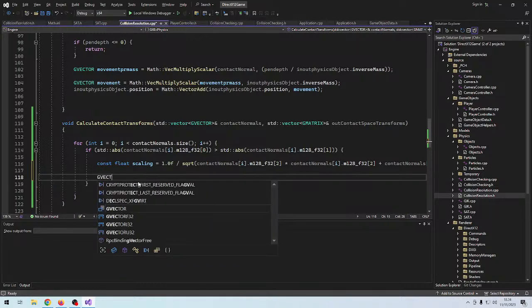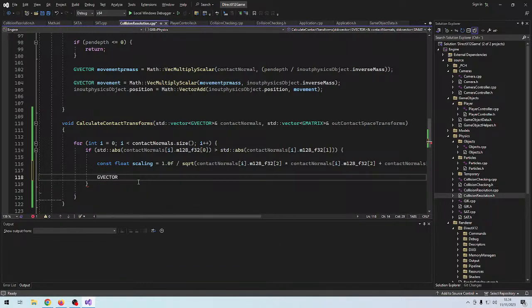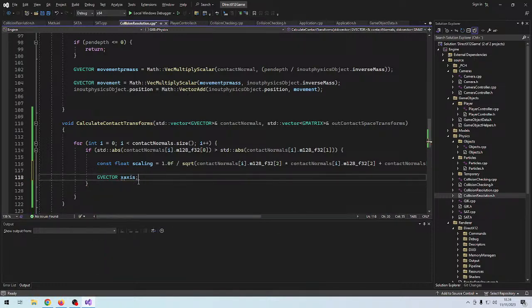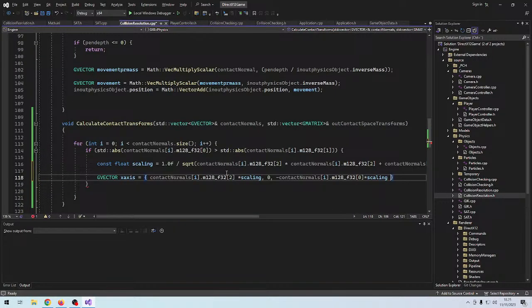We create a vector, x-axis, where we initialize it as the c scaled, zero at the y, and we will put the last component as a 0.